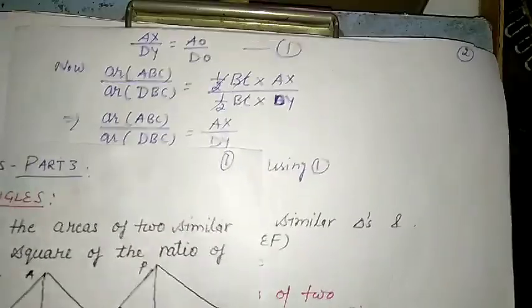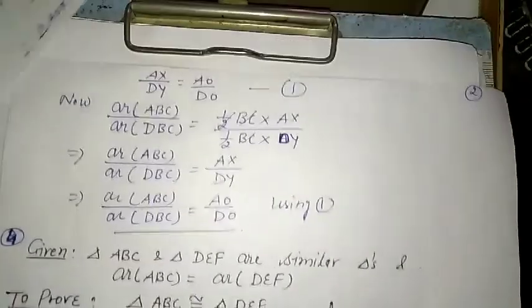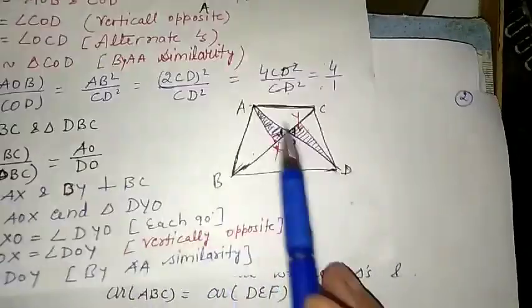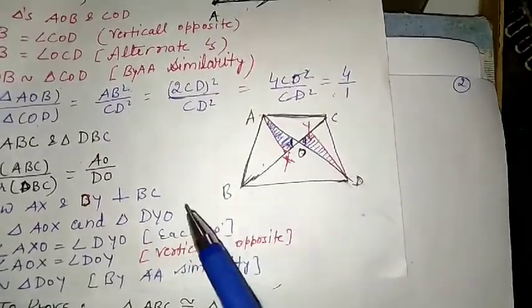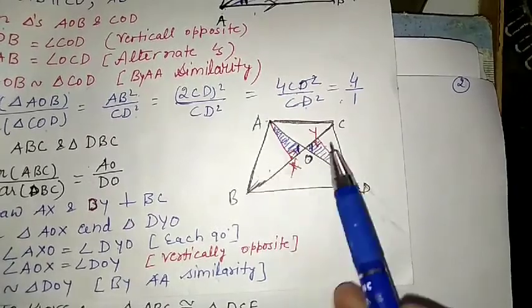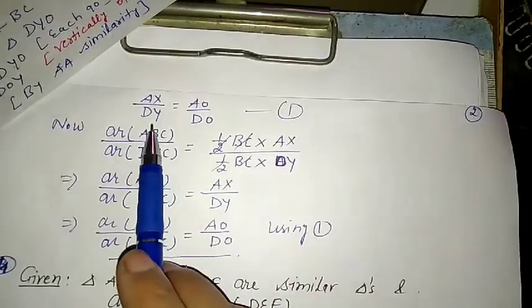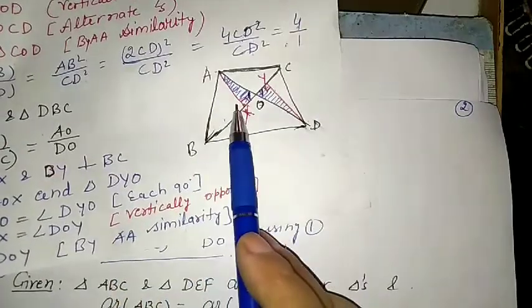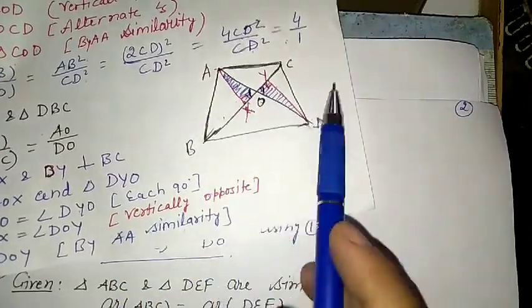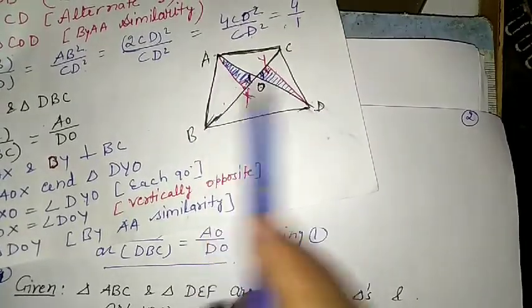Now if the triangles are similar, we can write down that the sides will be in ratio. So this is AX upon DY, the corresponding sides are in ratio, is equal to AO upon DO. So we can write this here.